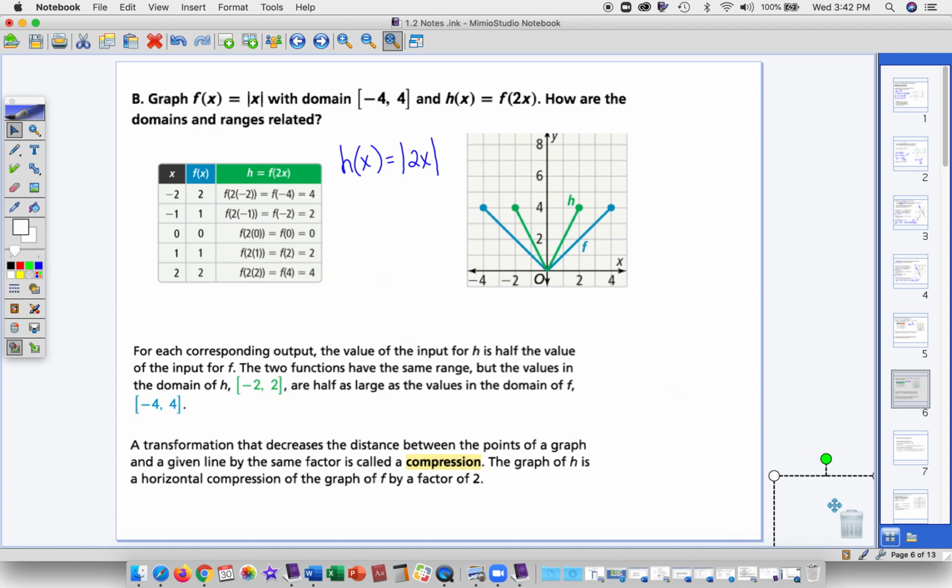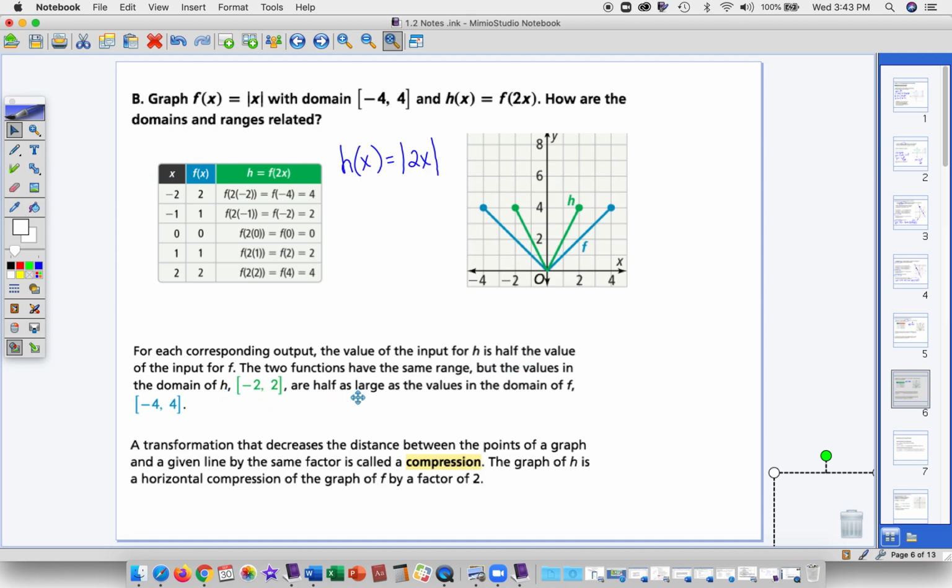And for the last one, f of 2 times 2, okay, is really f of 4. And if we look at the original graph where x is 4, the y value is 4. So for each corresponding output, the value of the input for h is half the value of the input for f.